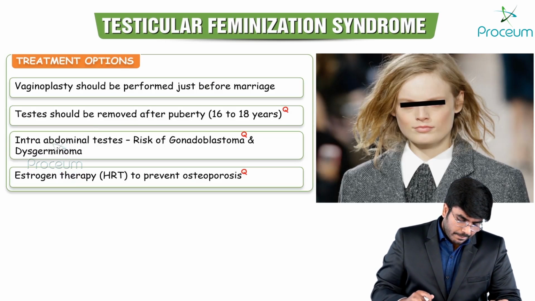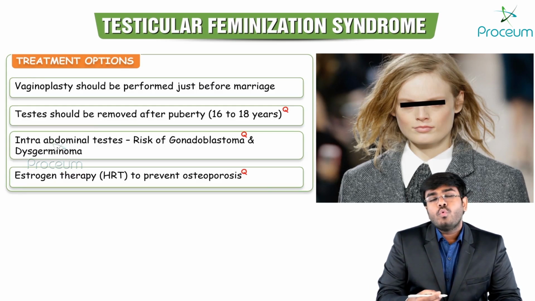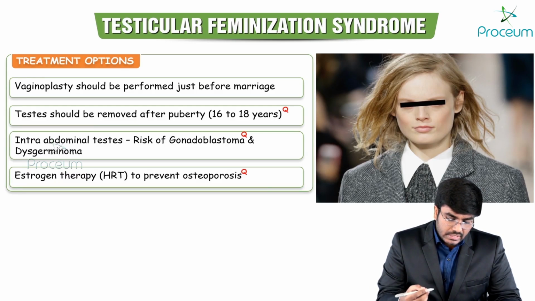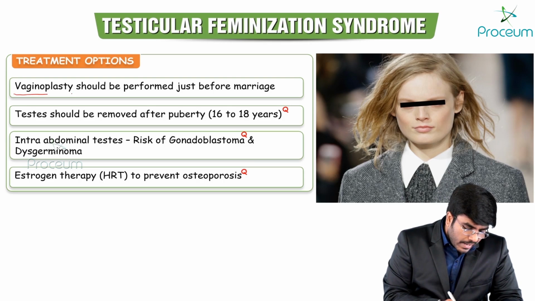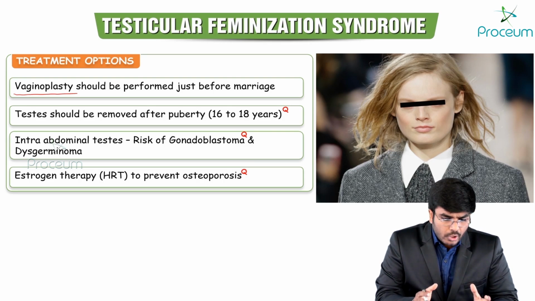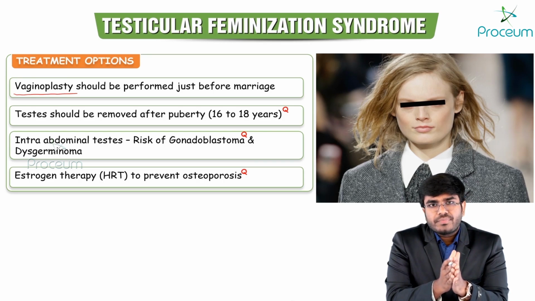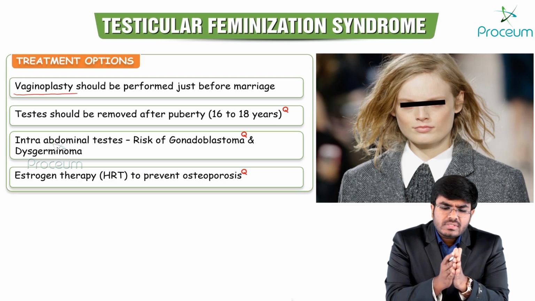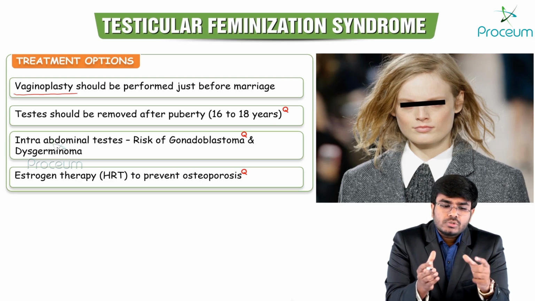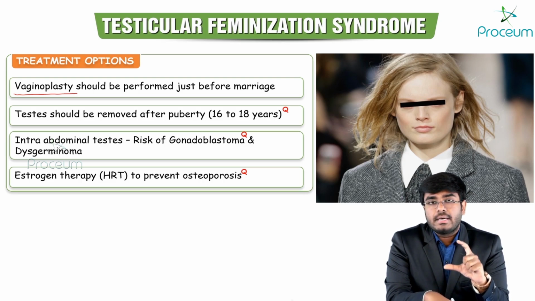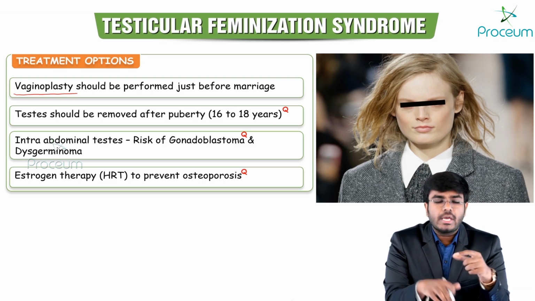Okay, now after this, what can we do for these females of testicular feminization syndrome? Guys, what you can do is a vaginoplasty. Why vaginoplasty? Because, see, first of all, there are no Mullerian ducts. Mullerian ducts got completely regressed. So the upper two-thirds of vagina, which are derivatives of Mullerian duct, are not there.